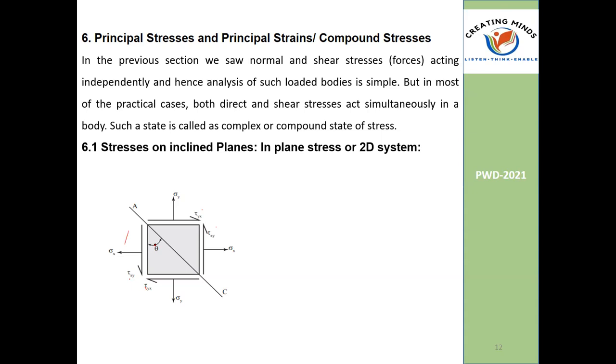So this is the equation: sigma theta or sigma n equals (sigma x plus sigma y)/2 plus (sigma x minus sigma y)/2 cos 2 theta plus tau xy sin 2 theta, and also tau theta, that is on the plane with respect to tangential. These are the two things you have to remember.